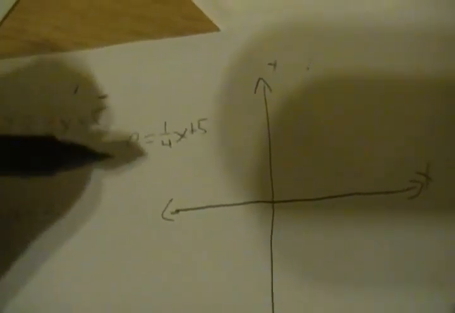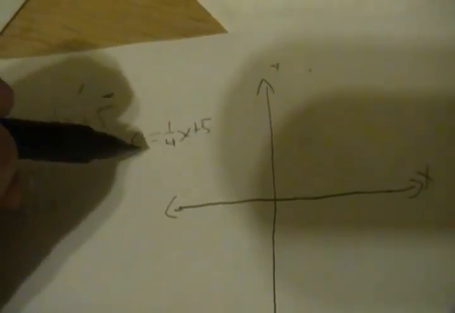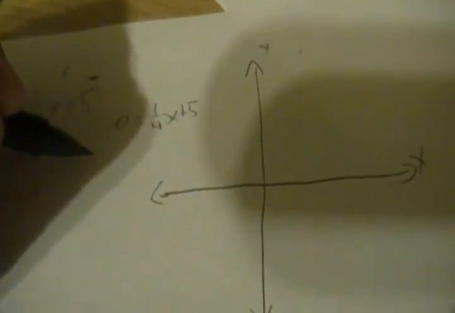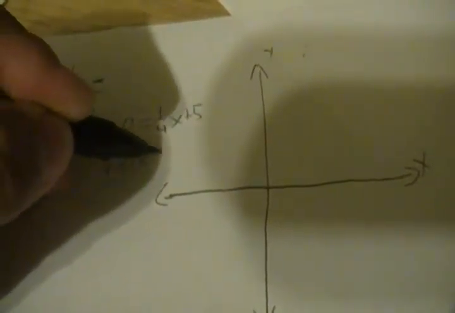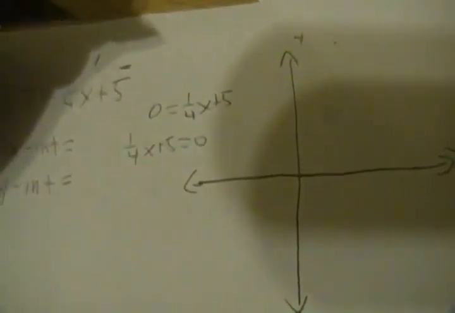Now, if this looks kind of weird, remember we said that we could rewrite it by flipping the equation, so we could say that it's 1/4 x plus 5 equals 0.